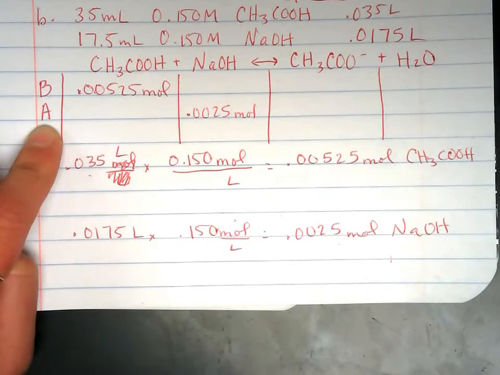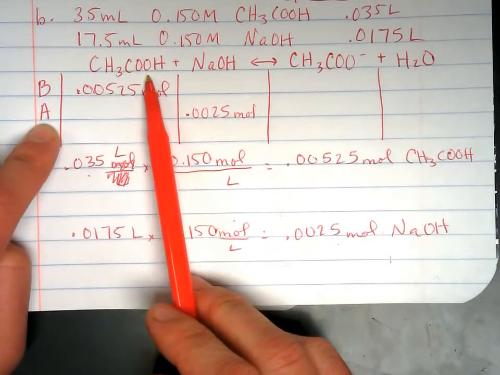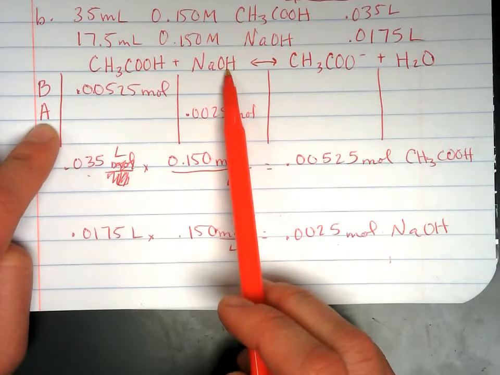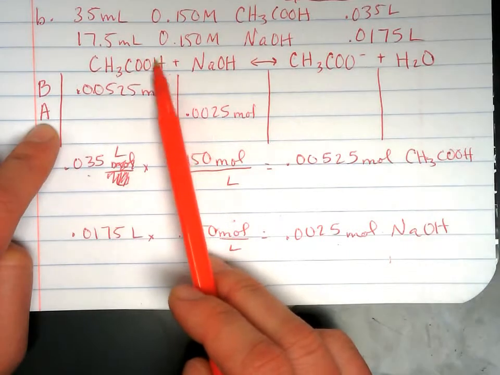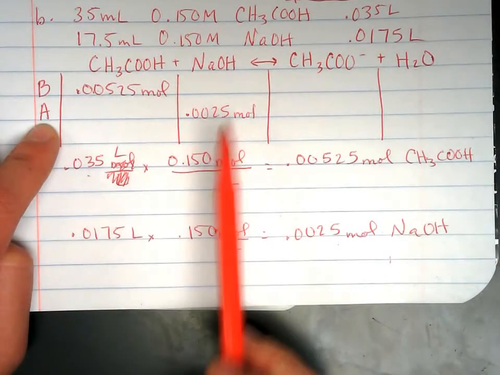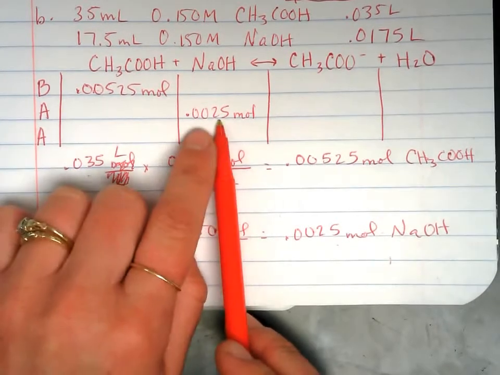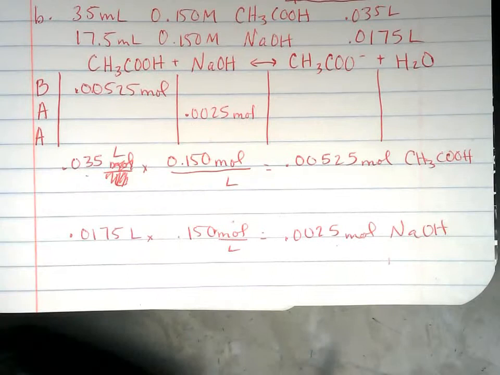moles of NaOH. Now I know that when these react, they react in a 1-to-1 ratio because I have 1 mole of OH for each mole of NaOH, and I have 1 mole of H plus for every mole of acetic acid. And so all I need to do is subtract these from each other and figure out what's left over.